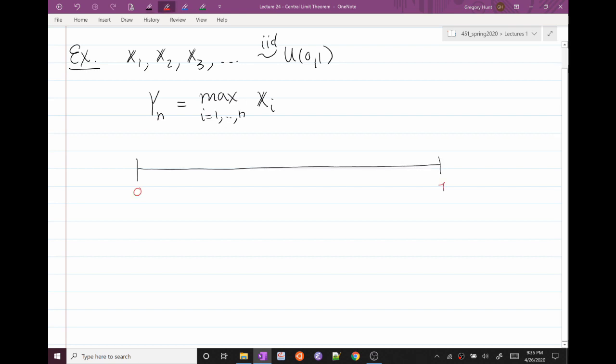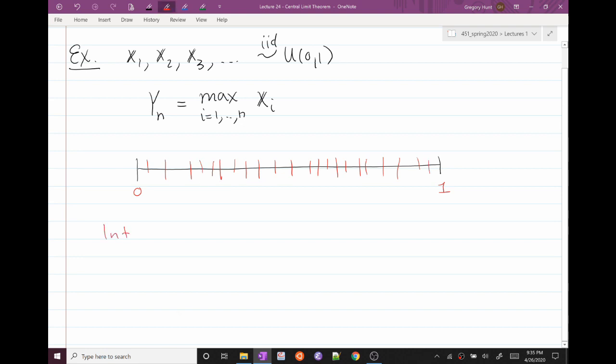Now, if you think about this random variable Y and what it is, if I have my unit interval here from 0 to 1, then if I collect my X's over time, maybe my first X falls here, second one here, third one here, fourth one here. Since these are uniform, we're going to get a uniform spread of points in our unit interval, and we expect that as we do this over time, the maximum one should eventually start getting really close to 1.